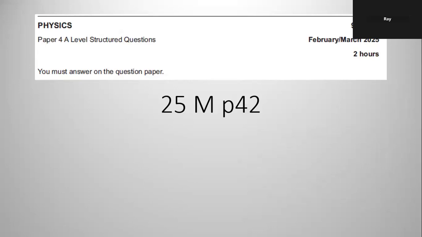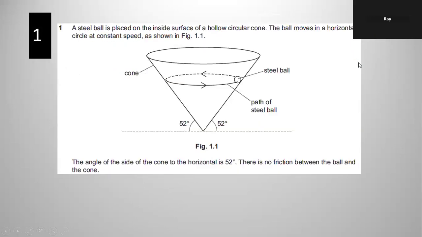Okay, let's go to paper 4, variant 42, February, March 2025. Just review what we have gone through. I think we have done number 1.